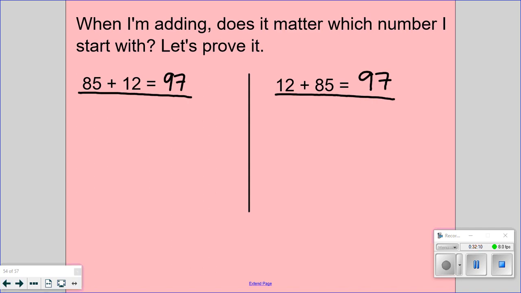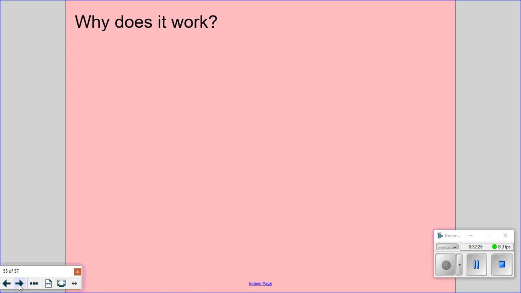I can rearrange those add-ins, and I'm still going to get my same sum. Why did that happen? How did that happen?